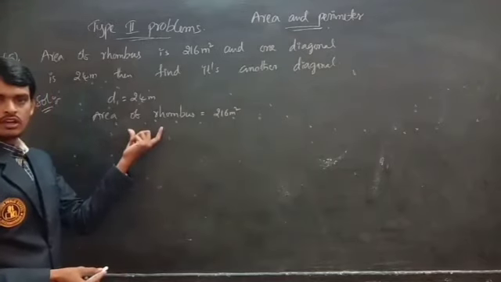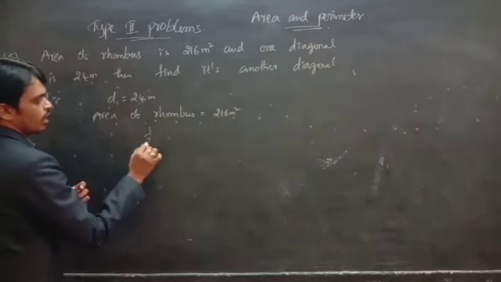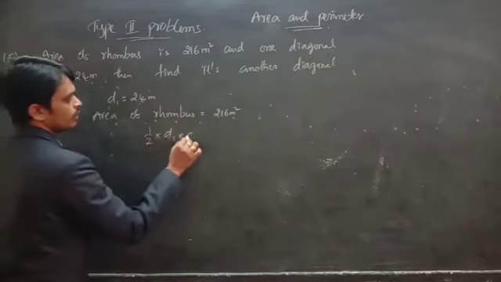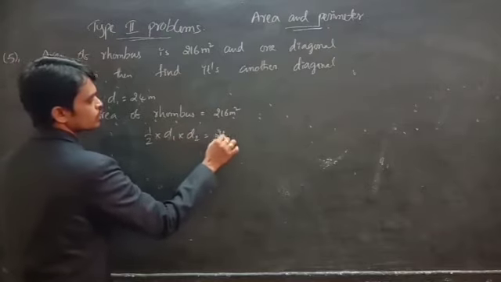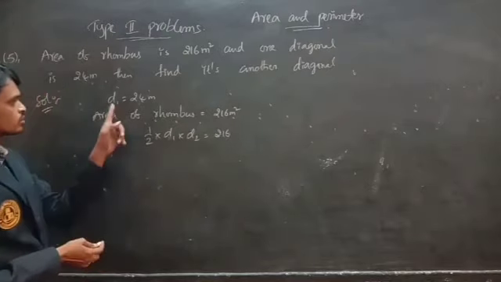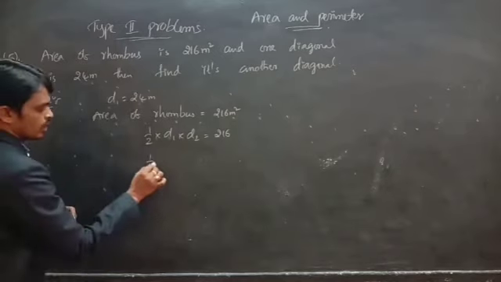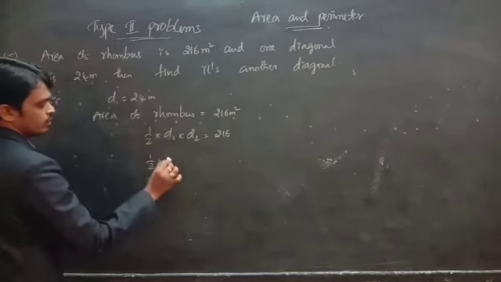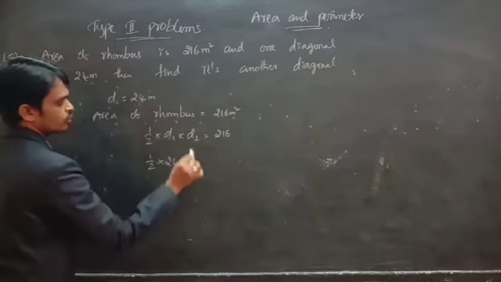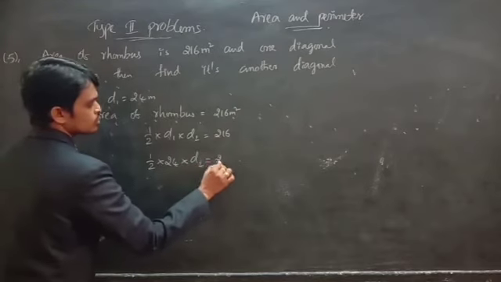Now we know the formula of area of rhombus: half into D1 into D2 is equals to 216. So half into D1, 24, into D2 is equals to 216.